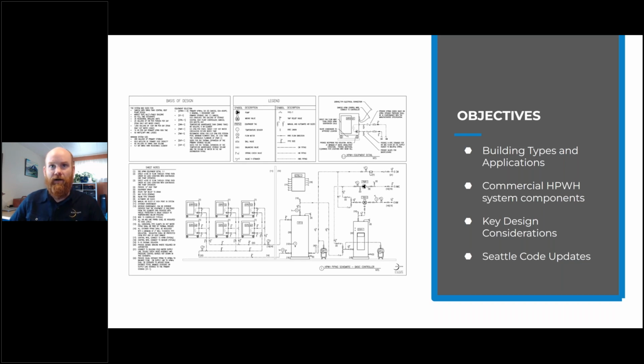We're also going to cover the 4 system components that make up a commercial heat pump water heating system and talk a little bit about the key design considerations for those components, as well as how to design and size a system correctly, as that's another key design consideration we have when working with this type of equipment.